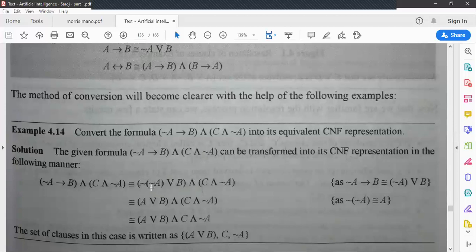And then this will become not not A is A or B, and C and not A. This C and not A can be expressed as this. These nots you can eliminate.